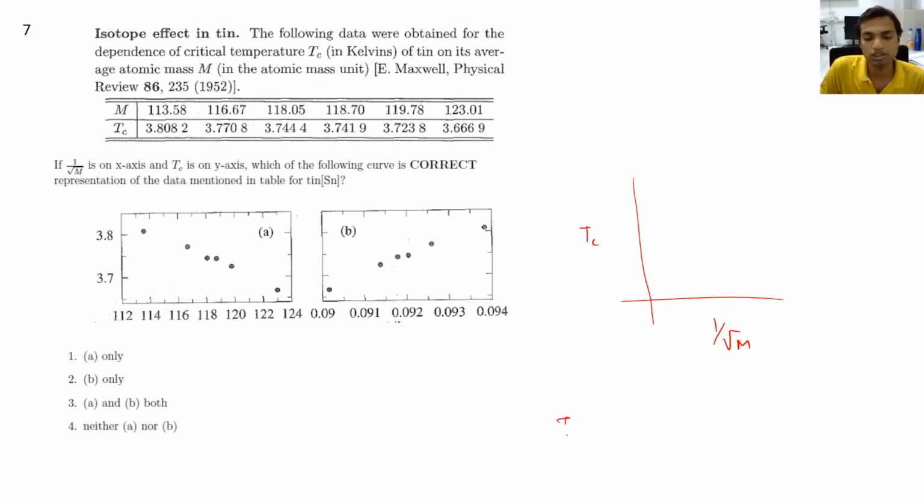We know that Tc is directly proportional to 1 by square root of M, which means Tc is equal to some constant k times 1 over square root of M. So this will become a straight line if you plot it. Amongst these two plots, only this one represents a straight line. So the answer is B only. So this is our correct answer.